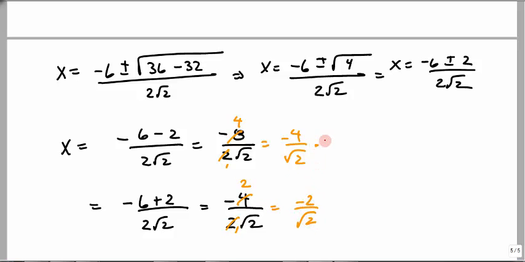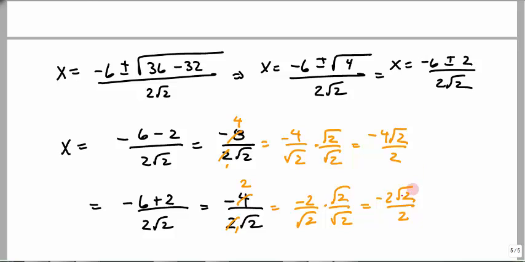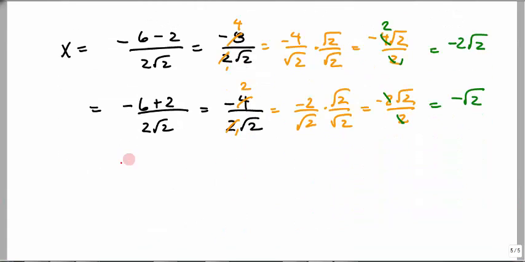But I'm going to rationalize these, which means you multiply top and bottom by the radical. So I have negative 4 root 2 over 2 and negative 2 root 2 over 2. We're not done yet. The 2's cancel. The 2 cancels into the 4 twice, and I'm left with negative 2 root 2. And here I'm just left with a negative root 2. So my solutions would be negative 2 root 2, my smallest number first, my larger number second.